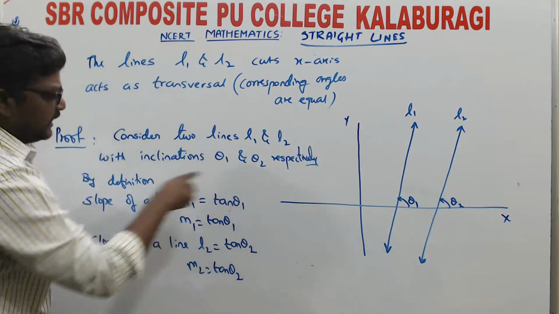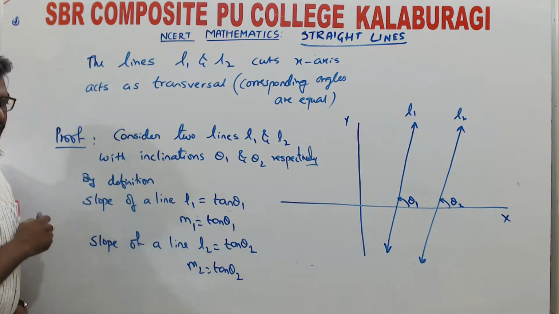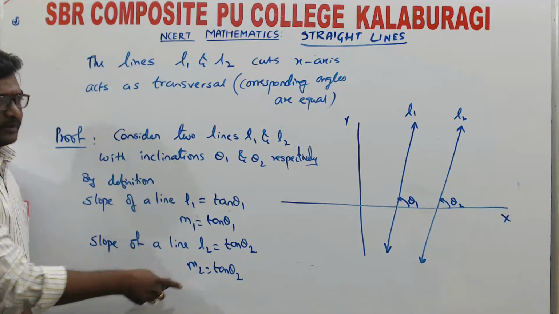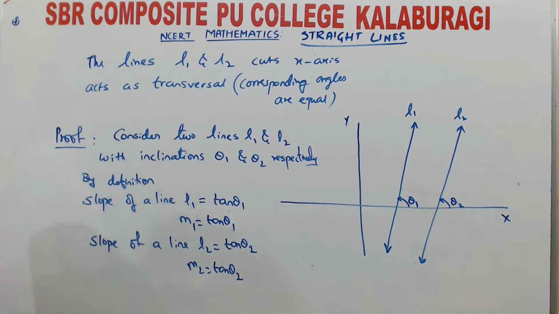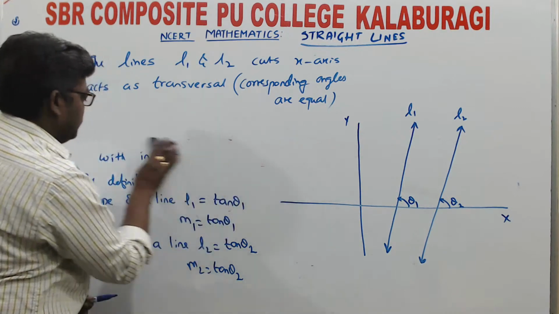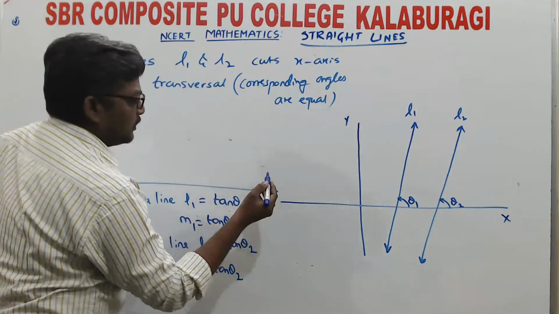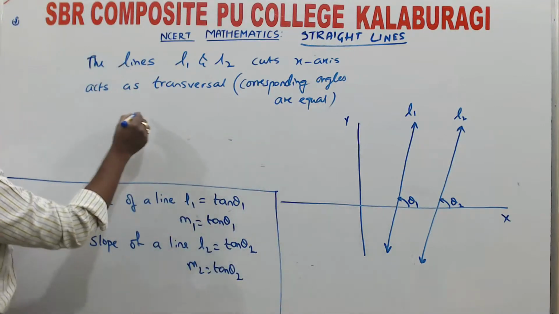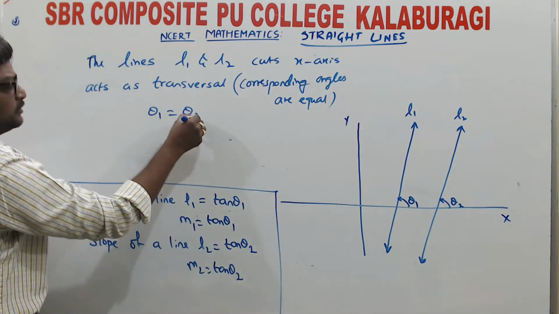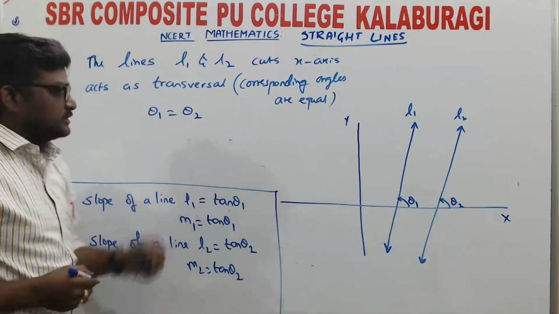Consider two lines with inclinations theta 1 and theta 2. The slope of line L1 we have taken as m1 equals tan theta 1. The slope of line L2 we have taken as m2 equals tan theta 2. Therefore, we get theta 1 equals theta 2, because corresponding angles are equal as they are cut by a transversal.